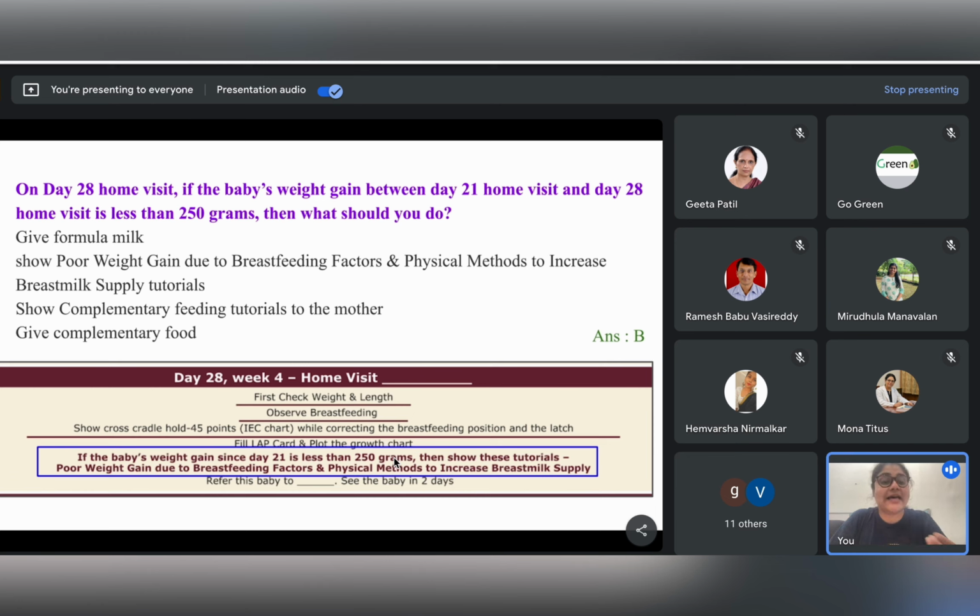It needs to be observed silently first, and after the breastfeeding session ends, she should be informed about any mistake that she might be making, or she should be shown the tutorials so that she can modify the way of breastfeeding if she has some fallacies in those practices.